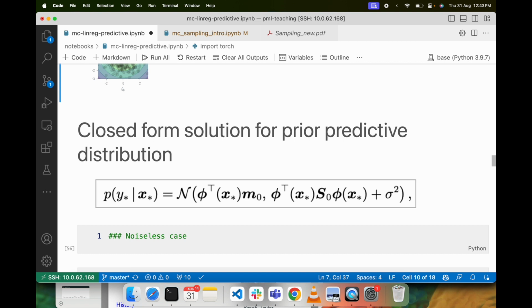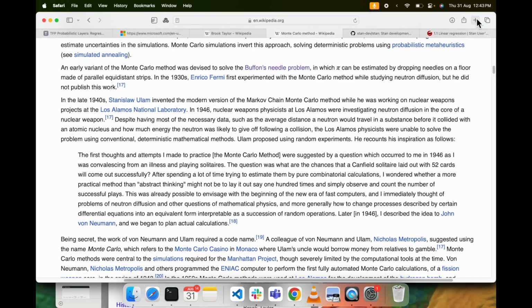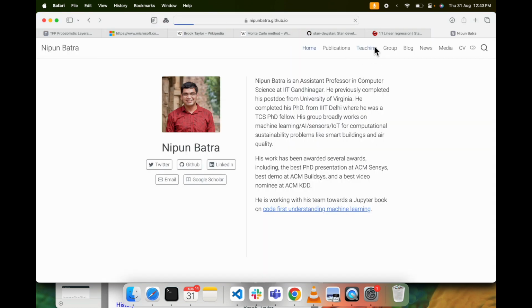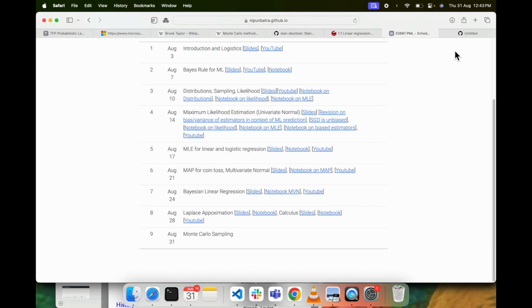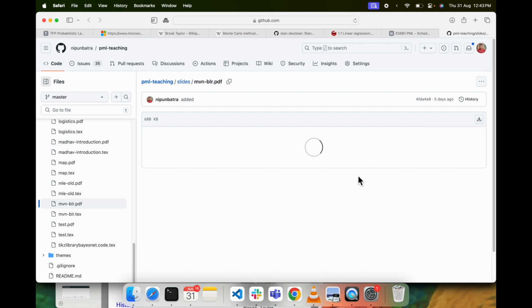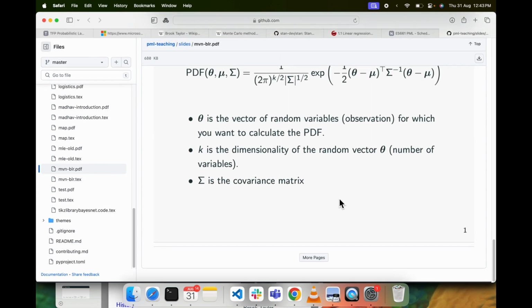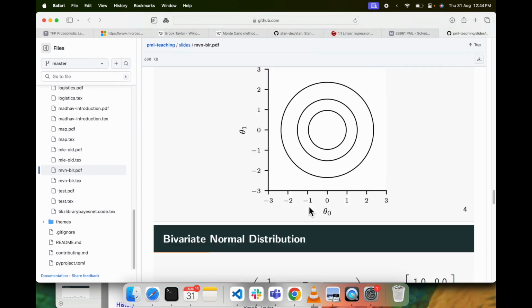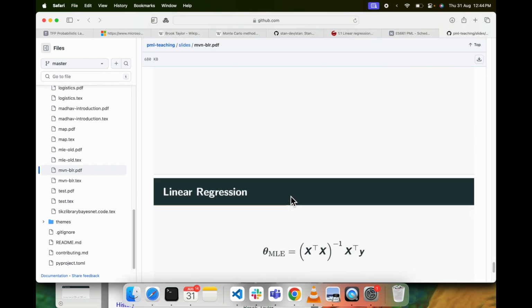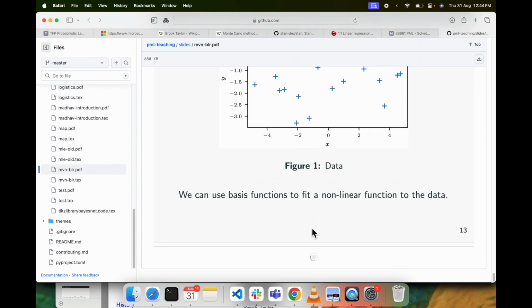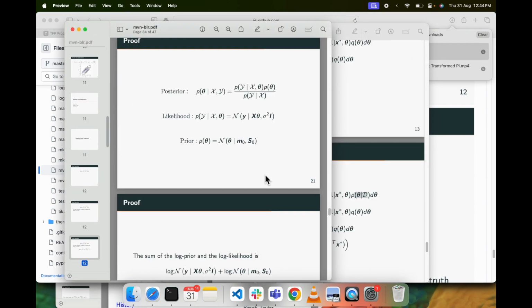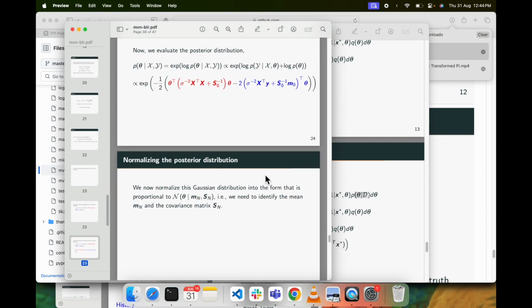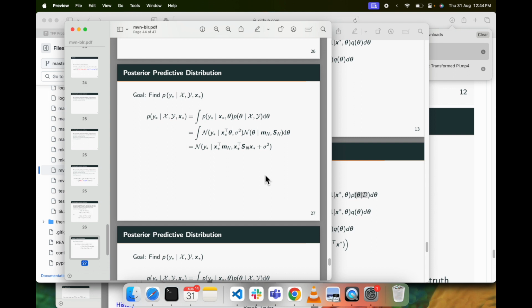What we're saying is that somehow we're not able to compute this. If we go back to the lecture, this was the posterior that we obtained, but we said that we wanted to find the posterior predictive.